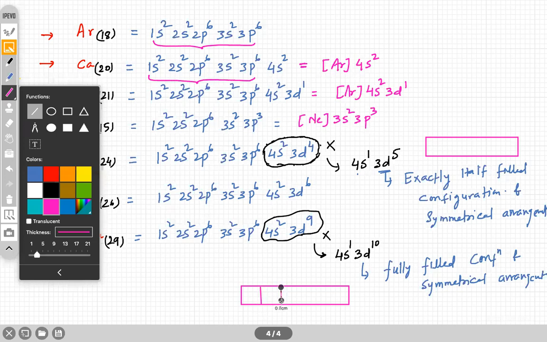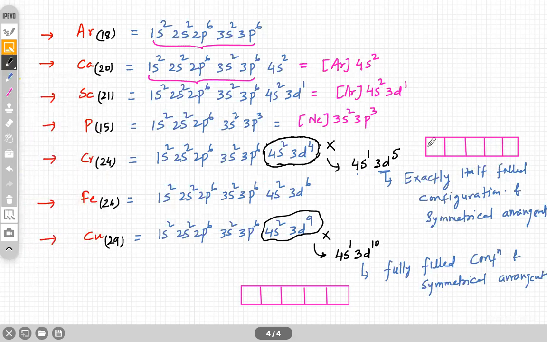3d5 configuration is this. 1, 2, 3, and then 4. 1, 2, 3, and then 4. Right? If you draw the orbital diagram, you'll get 1, 2, 3, 4, and 5.